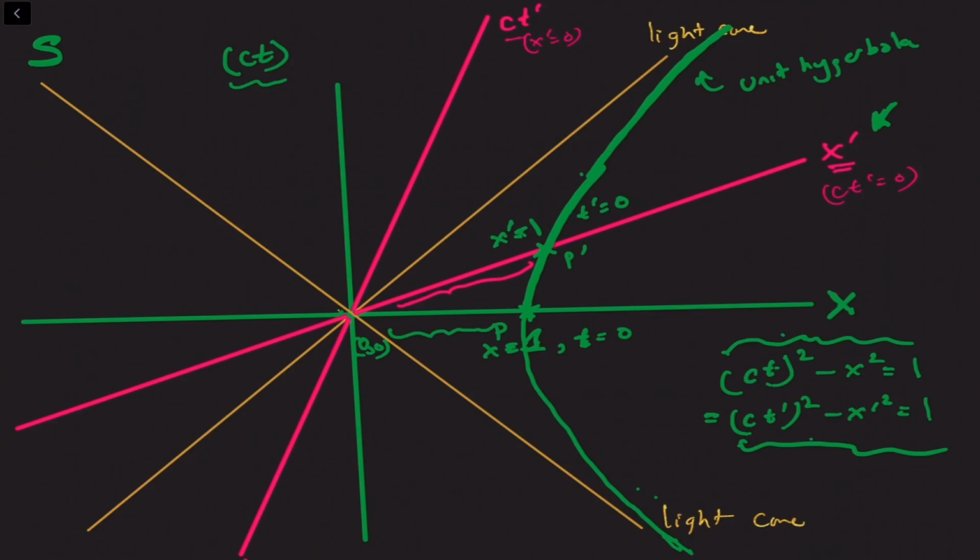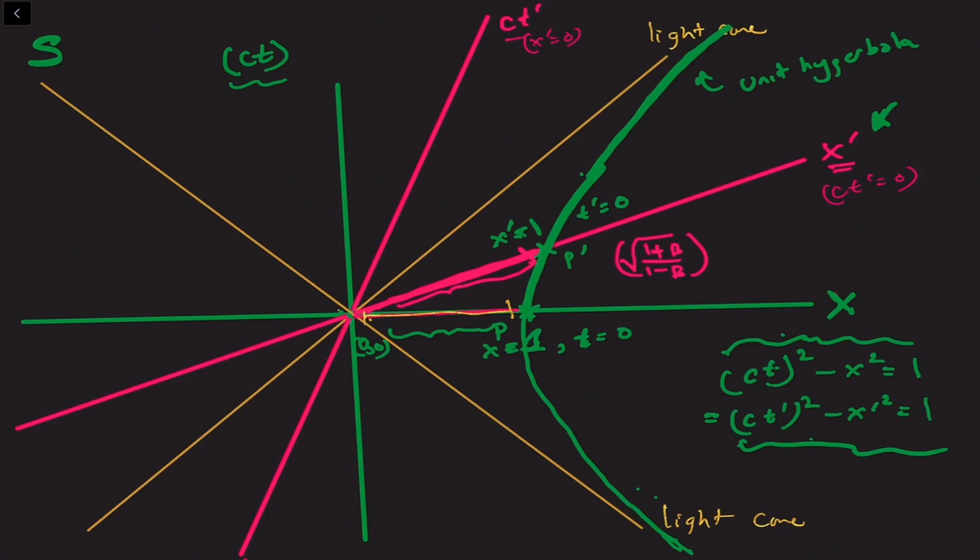So you can, in fact, convince yourself that if this length is 1 unit, the length of this line segment over here is square root of 1 plus beta over 1 minus beta. Okay, this is not important. It's just to tell you that this length on the sheet of paper is actually going to be longer than this length over here.